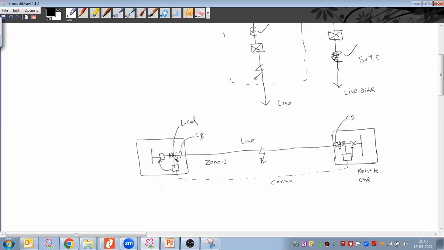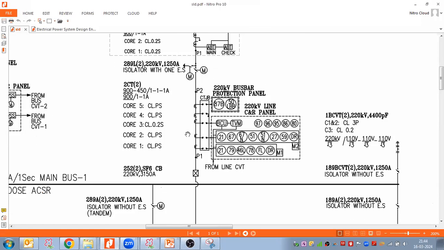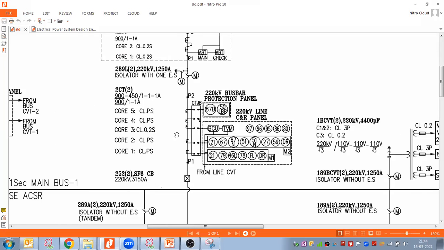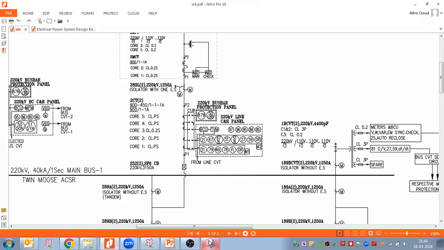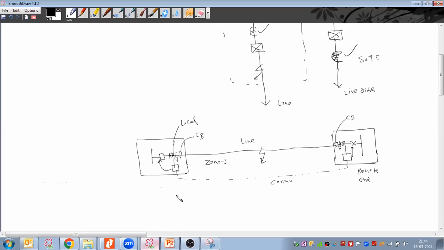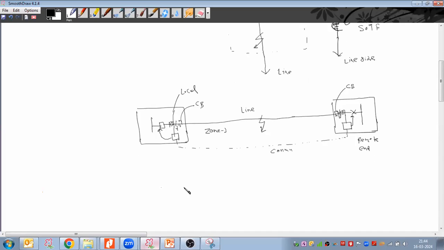I'm ensuring, let me make it large. So how I'm differentiating means I have the breaker here and then the CT here, and the CT has different cores.